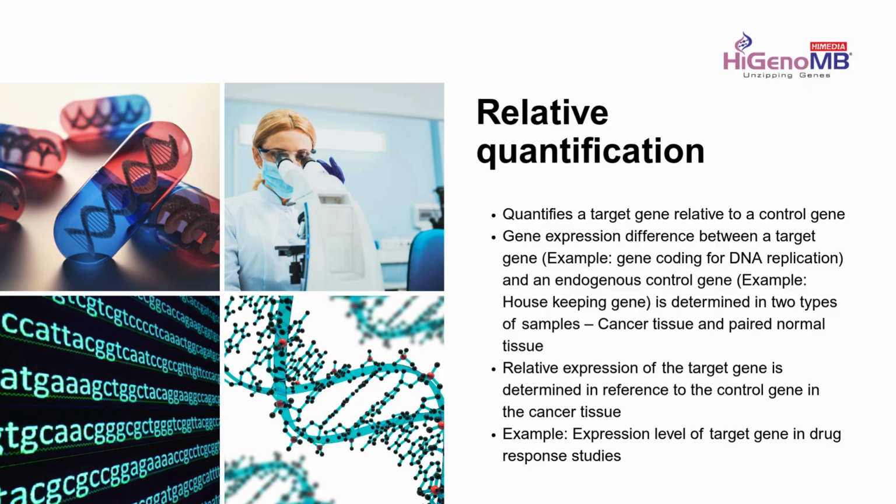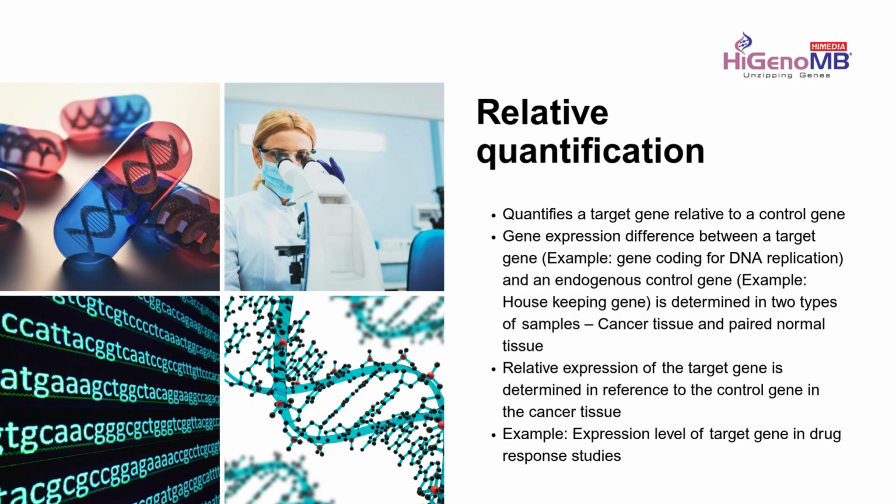Okay, there is another method called relative quantification, where you can quantify the amount of your target in relation to the control gene. So the property of your control gene should be that it cannot vary between various conditions.